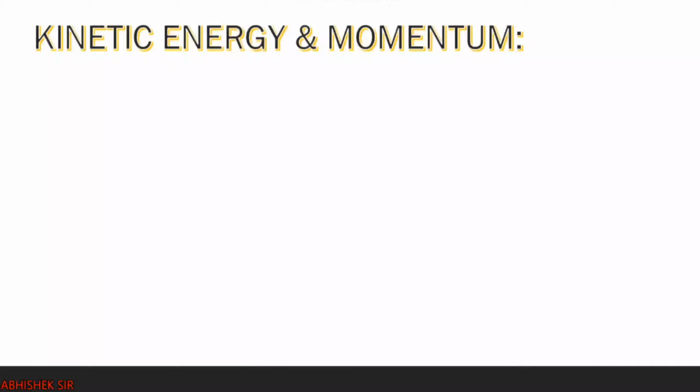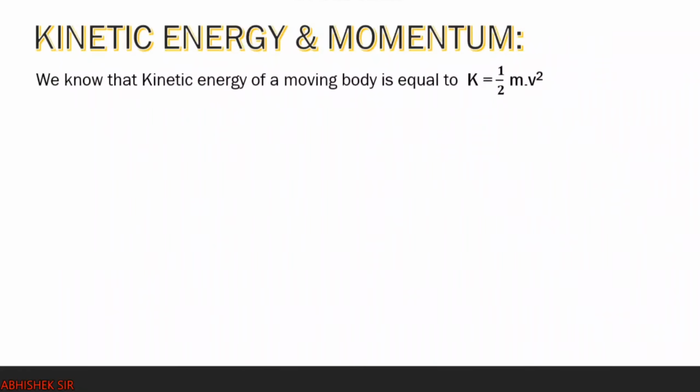Now let us try to obtain a relationship between kinetic energy and momentum. Kinetic energy is half mv square, and momentum is m into v, as we have learnt. Let us start with the original formula of kinetic energy, half mv square. Momentum contains m and v, and they both are present in the equation of kinetic energy. So what shall we do now?